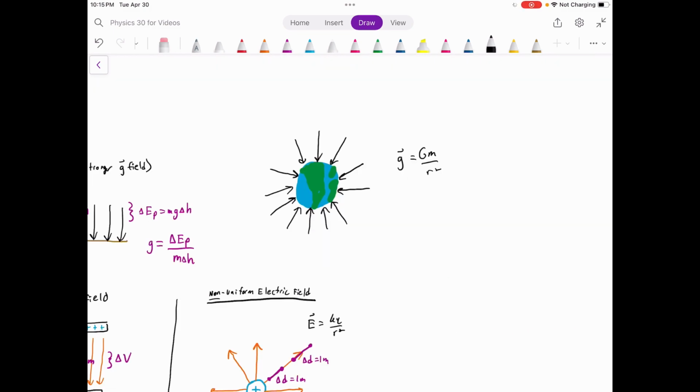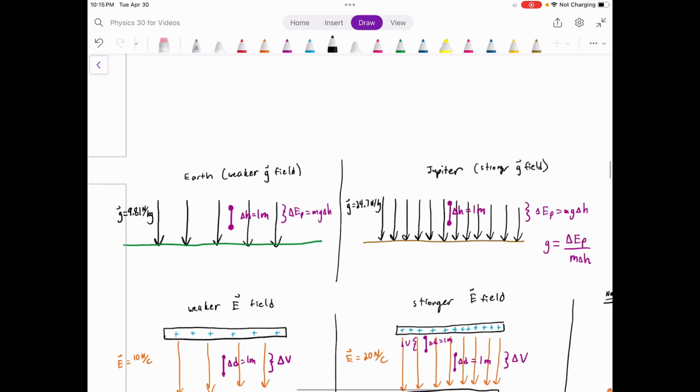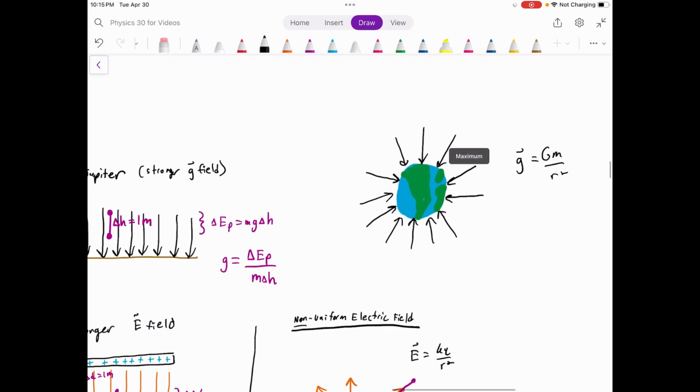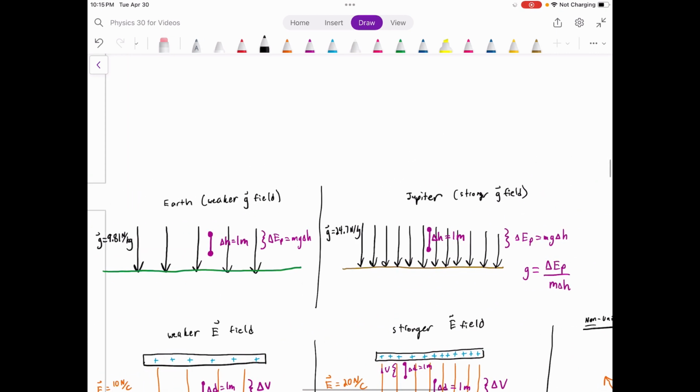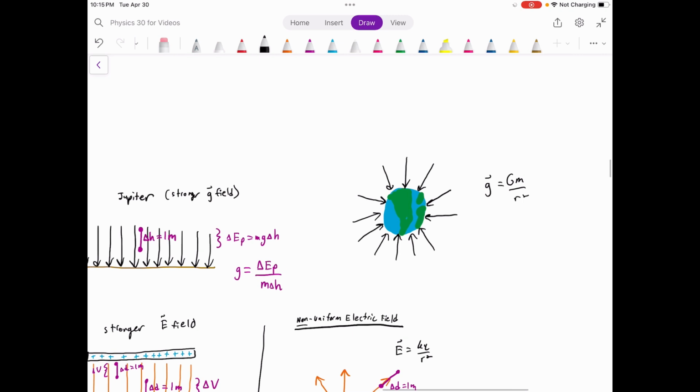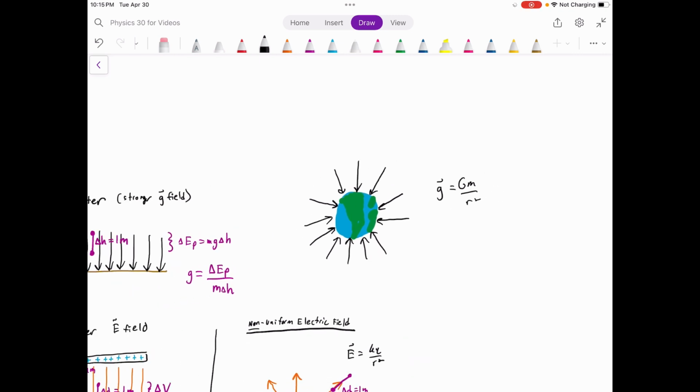Tying it back to the gravitational field once again, the gravitational field is actually also non-uniform. It also decreases as 1 over r squared as we get further and further away. Near the surface of the planet, it might as well be uniform for this little slice here. We're essentially zoomed so far in that it's pretty much uniform. But if we zoom out, we can see that it's not uniform, and so that would also stop making sense.